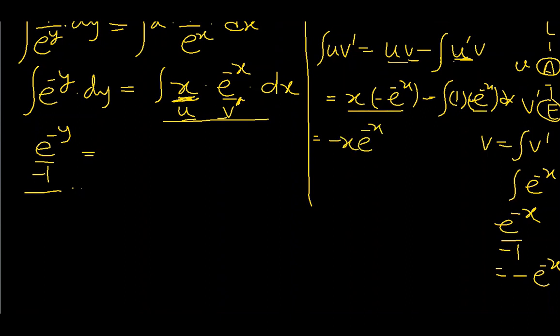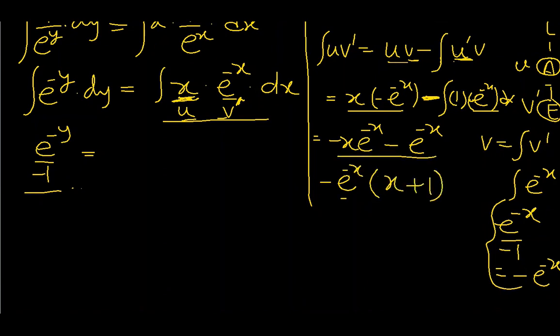And integration of minus e to the power minus x will be positive e to the power minus x by this method only. And because of this minus, that positive will again become negative. So minus e to the power minus x. Let's take minus e to the power minus x common, and we are left with x and plus 1.